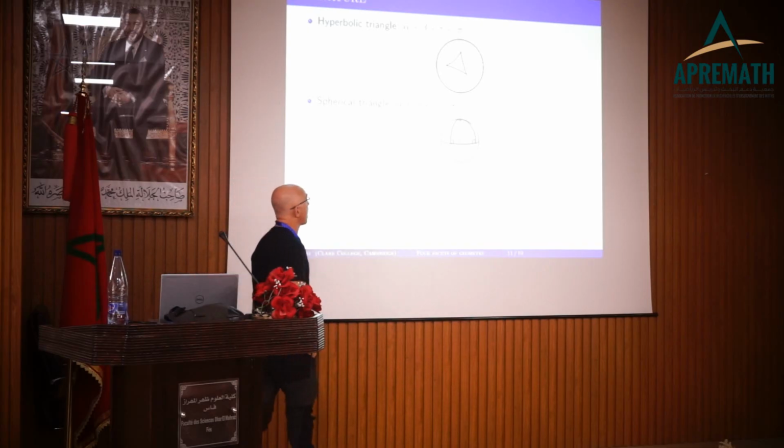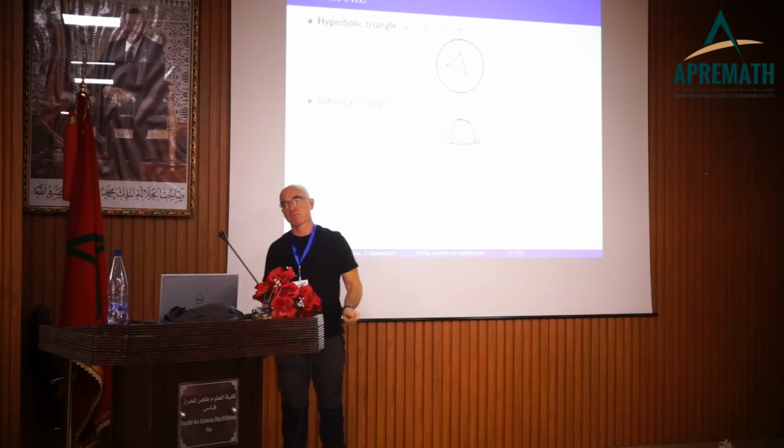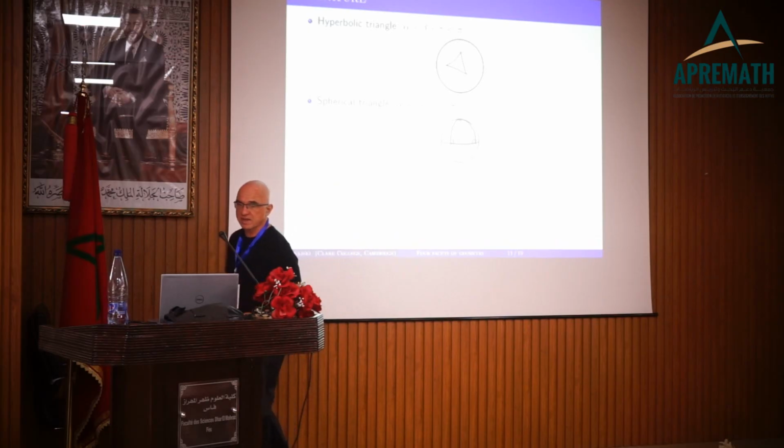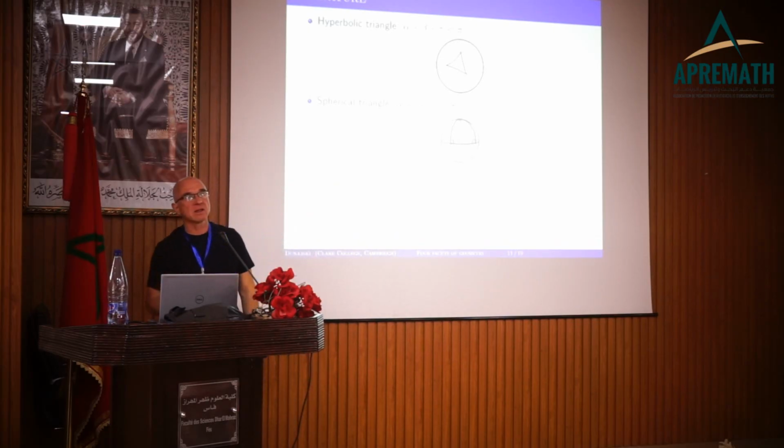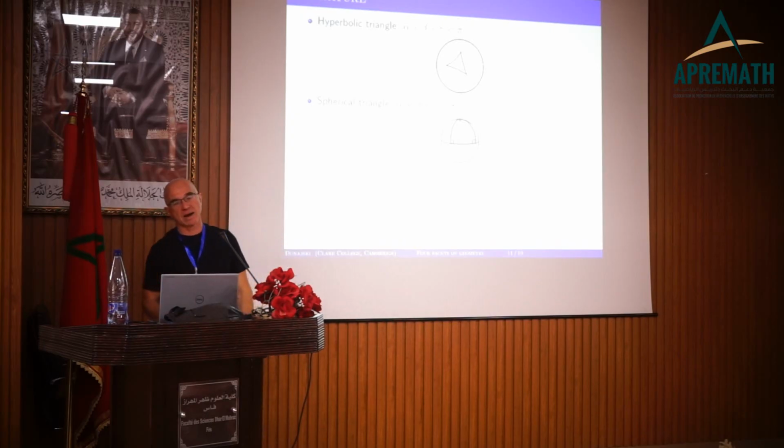What you then find is that if you take any 3 points on the sphere and connect them by segments of great circles, the sum of the angles is greater than pi, or 180. Of course, we know that on the plane, the sum of the angles of any triangle will be exactly pi.